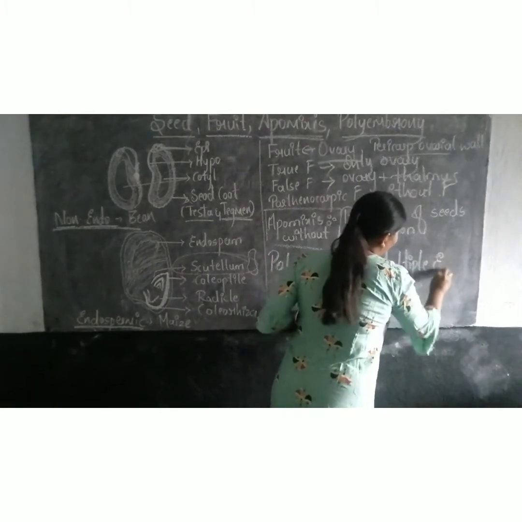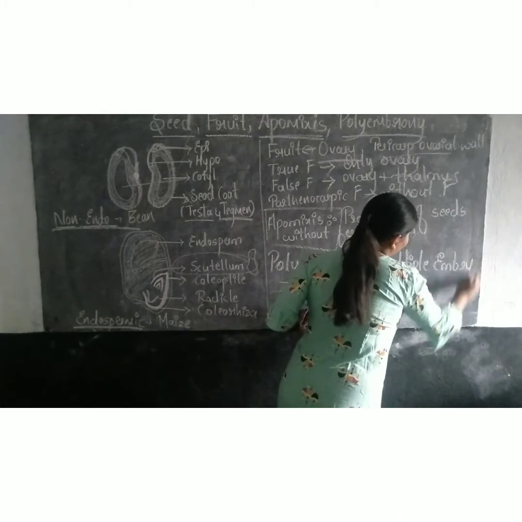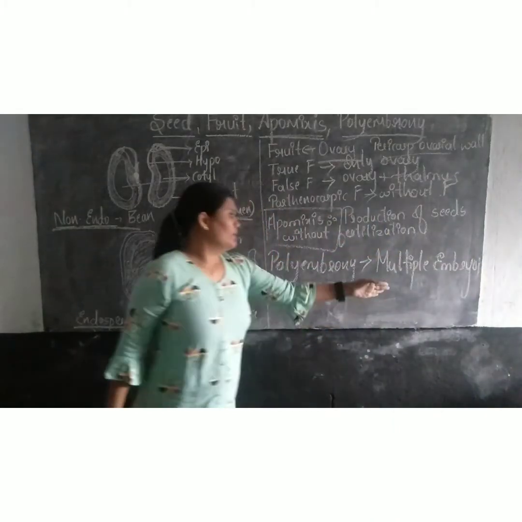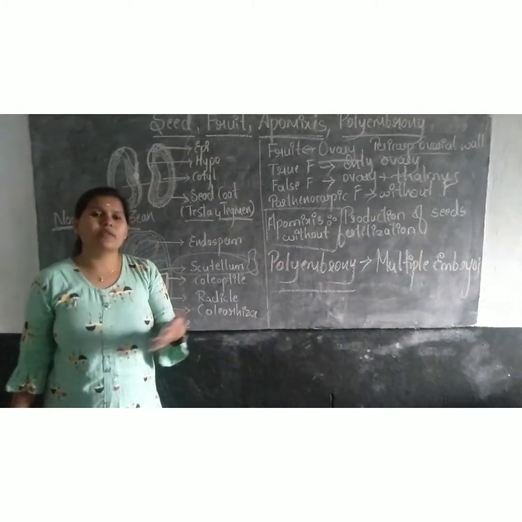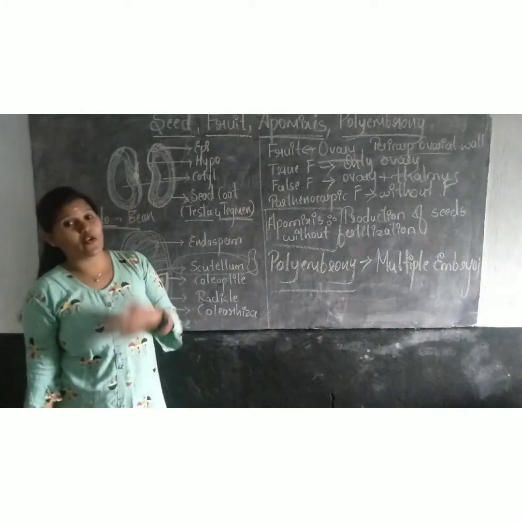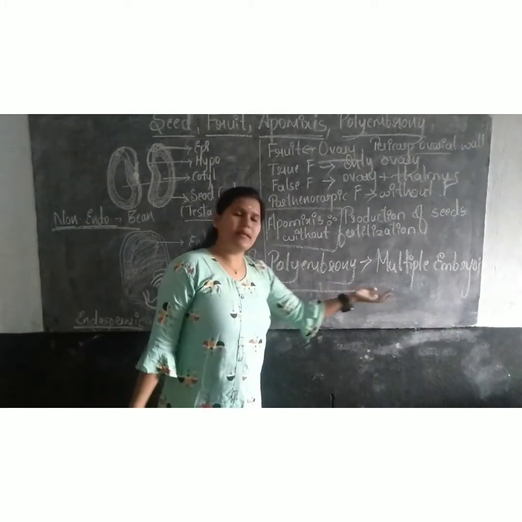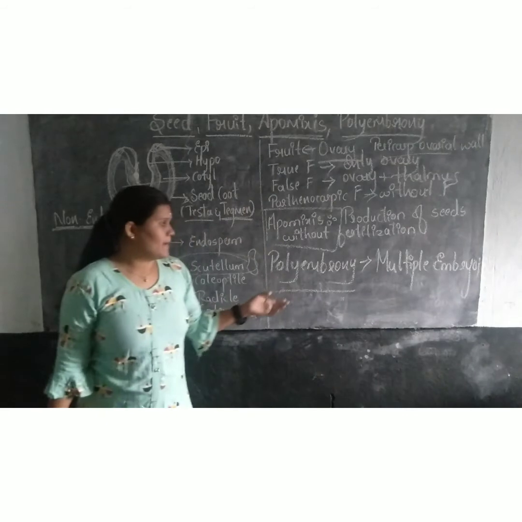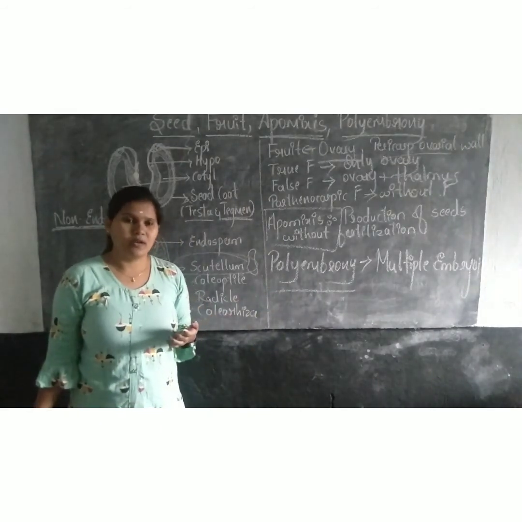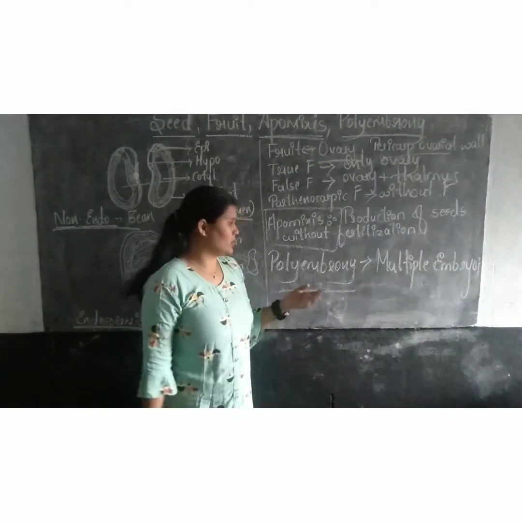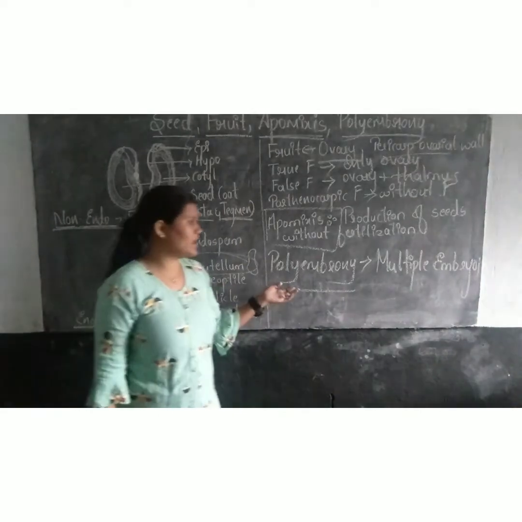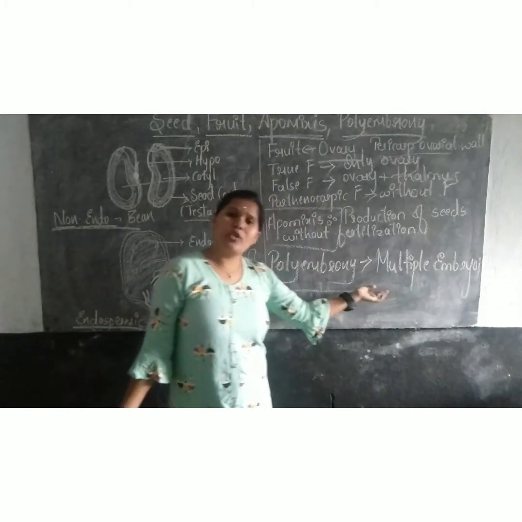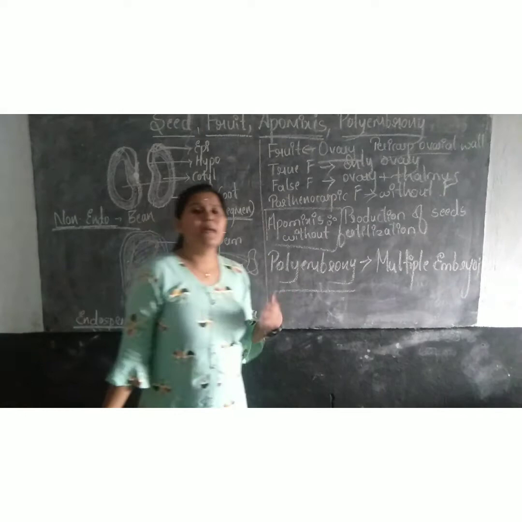The production of more than one or two, that is, multiple embryos, is called polyembryony. For example, in orange and castor, especially in orange, we can notice the formation of many embryos.